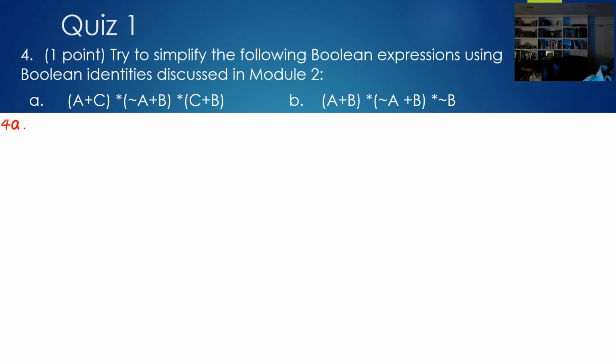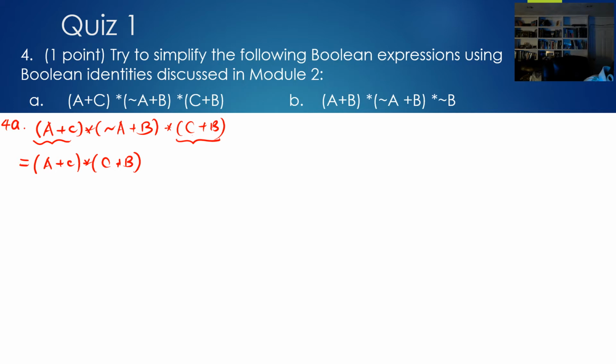Now I find the easiest way to do this is, let's say, (A plus C) times (tilde A plus B) times (C plus B). We find the first item and the third item both contain C. So we can say (A plus C) and then (C plus B) times (tilde A plus B).